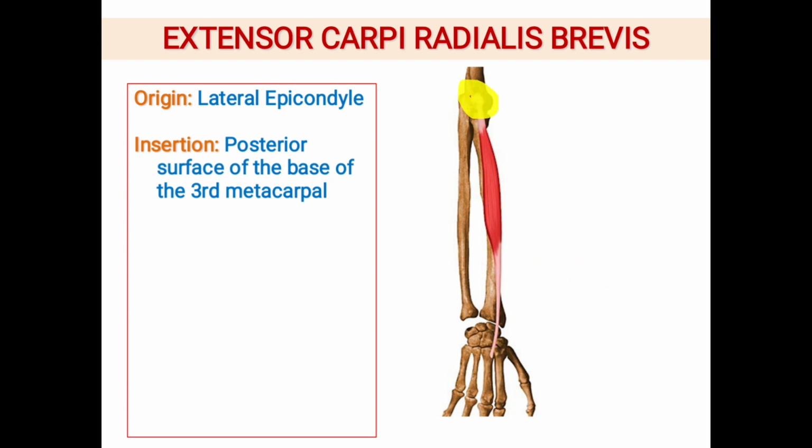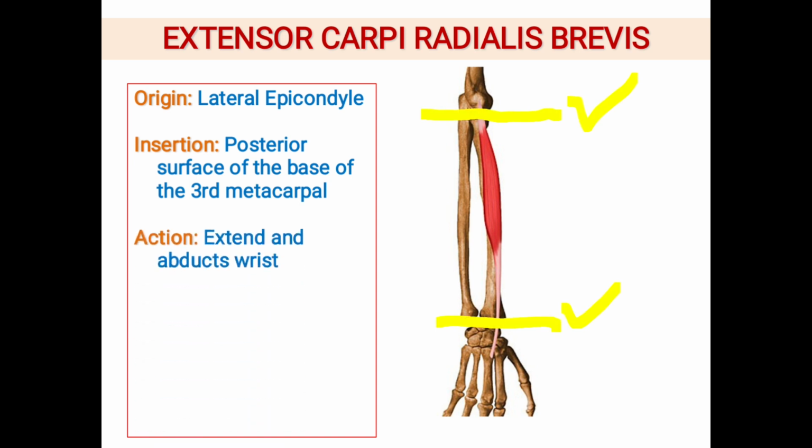Since it is crossing the elbow and crossing the wrist, it can extend the elbow and extend the wrist, right? So it extends and abducts the wrist.